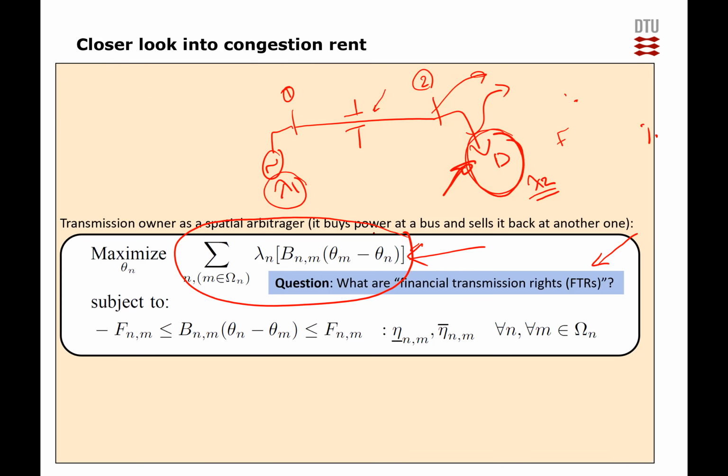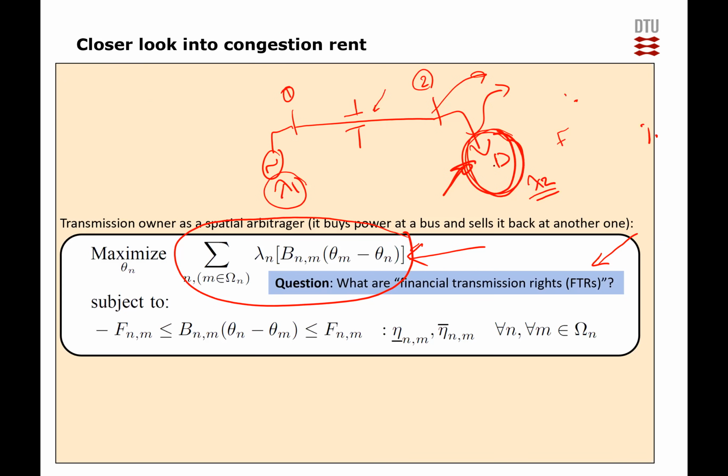Why might a demand be interested in buying FTRs? Exactly, Thomas said, hedging. By buying FTRs, the demand hedges his risk of having the line congested and paying for the power at a higher price. So for demand, it's good. It's like an insurance, exactly.